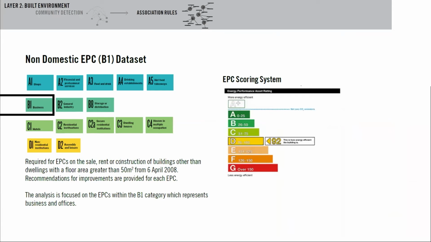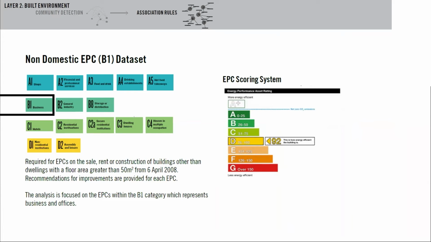Okay, so thank you, Andrea. To bring the energy efficiency and built environment information in, we're using the non-domestic EPCs and focusing on the business and offices ones. As we know, from 2008 it is required for buildings that are on sale, rent, or construction to have an EPC.